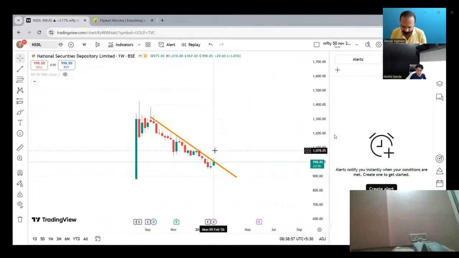Whenever there is a trend line breakout, at that time you can take the trade. So two ways basically to take the trade. Yes, two ways. I'll just find one more stock to show you.